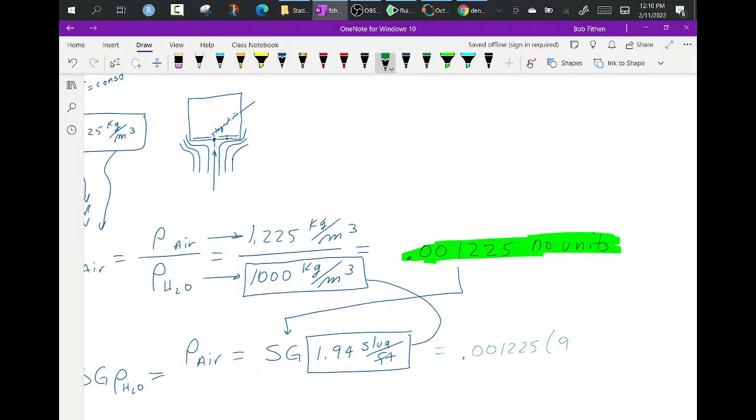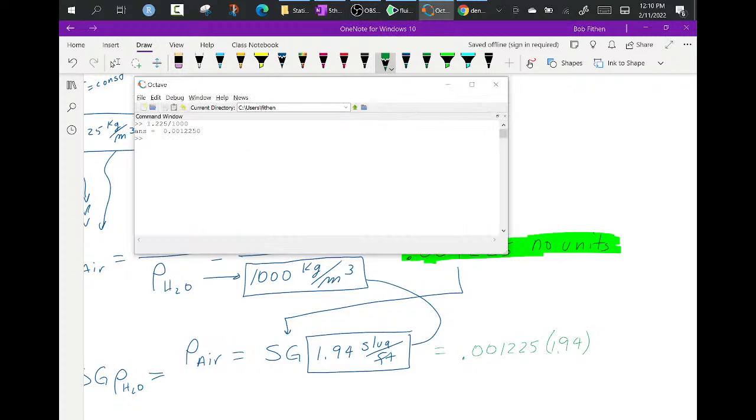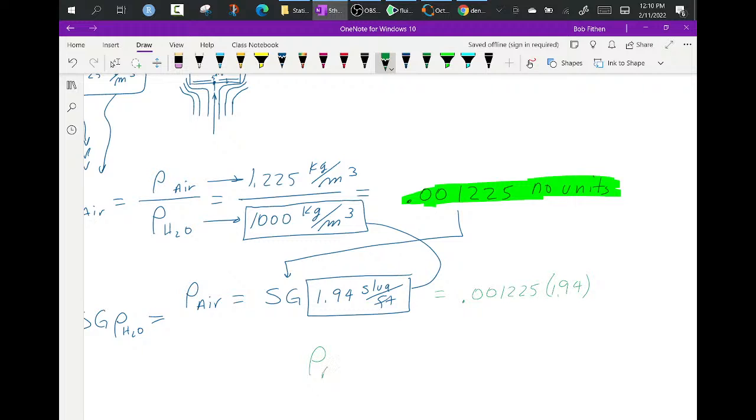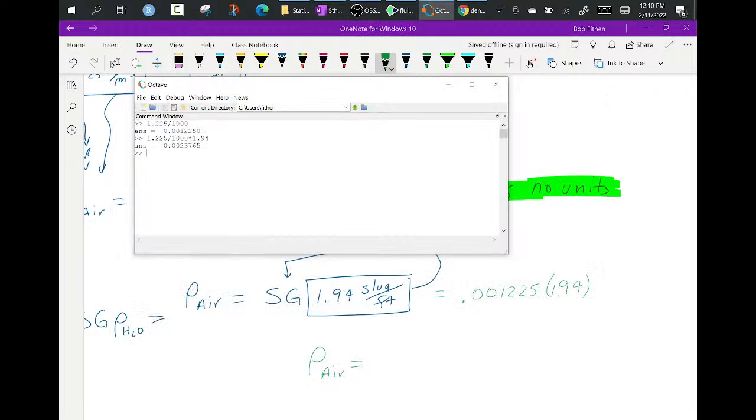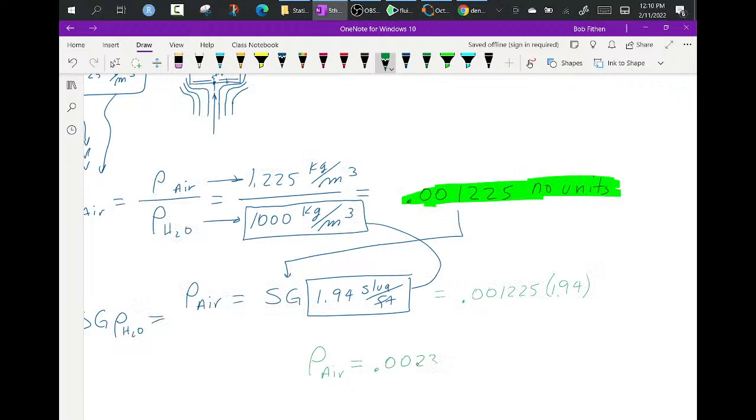and I'll end up with 0.001225 times 1.94, or 1.94 gives me the density of air of approximately 2 zeros, 230765 slugs per cubic foot.